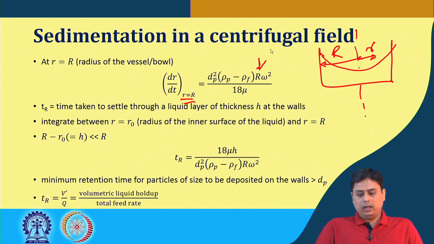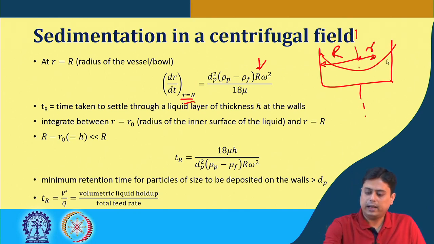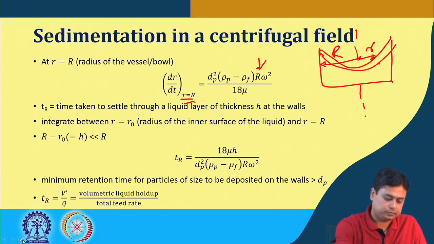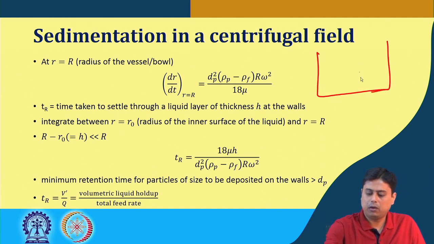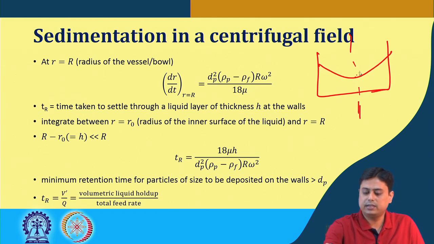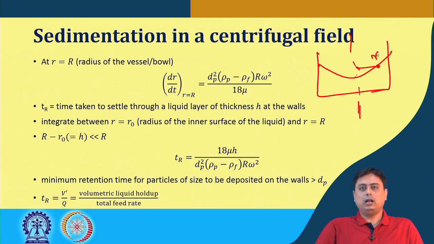So if we now think of a scenario where this is my rotating bowl rotating on this axis and this free surface takes this form, and the particle on this surface is at r.